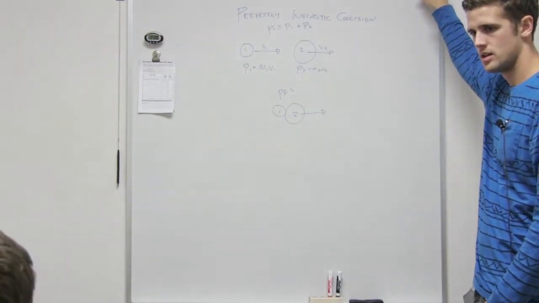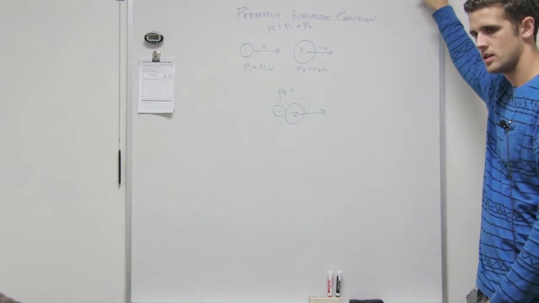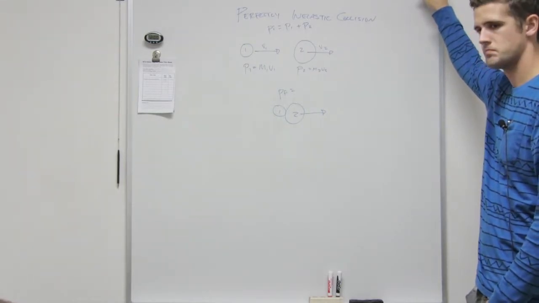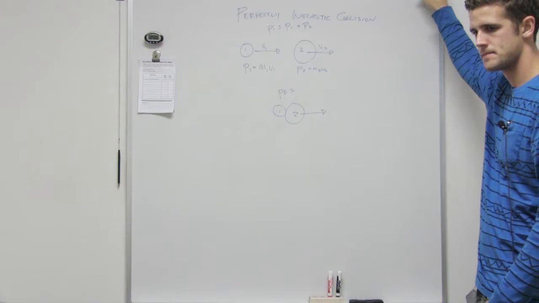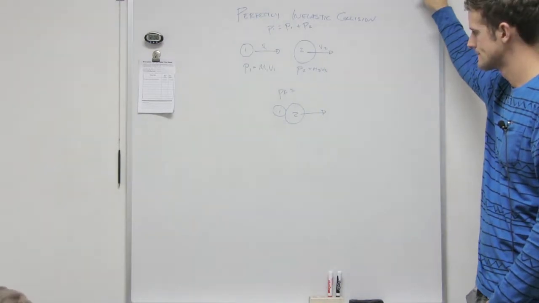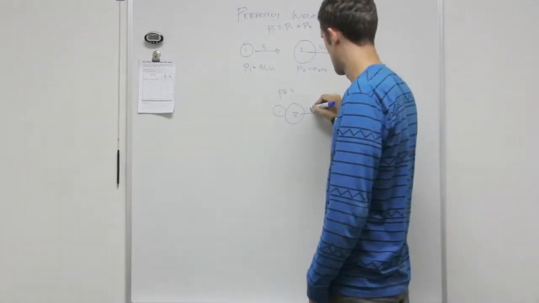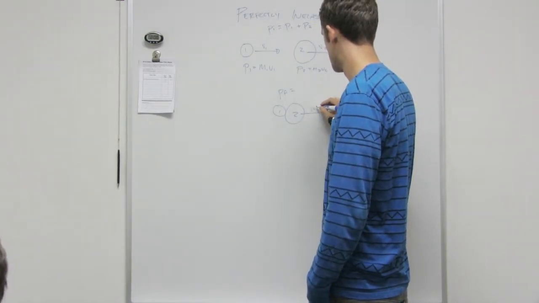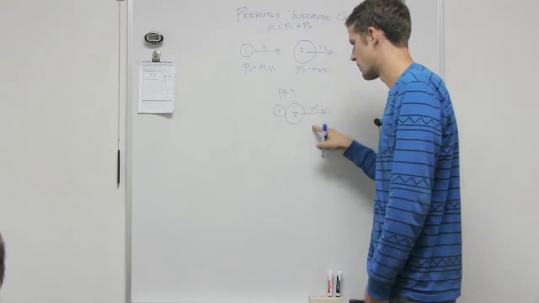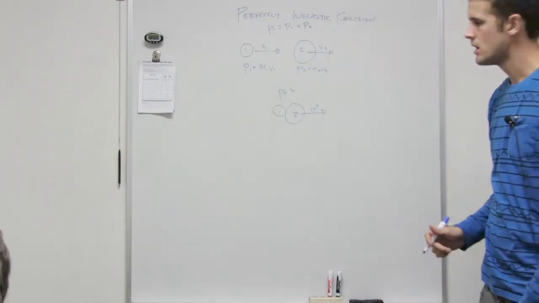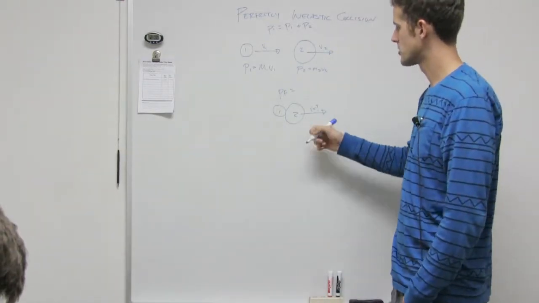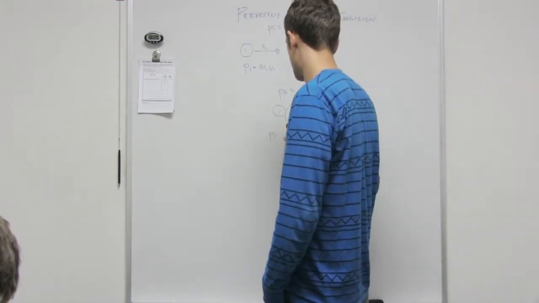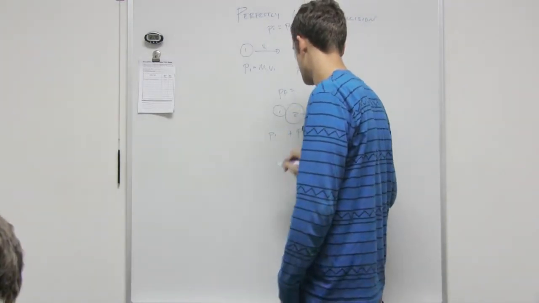Either we can go ahead and solve for each P1 and P2, or we can add up the M2 V2 plus the M1 V1. Say we were looking for the velocity of both of them. This would still be P1 plus P2, right?